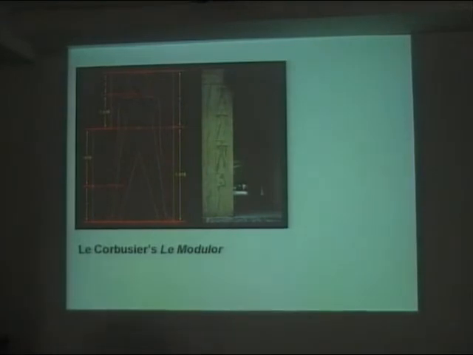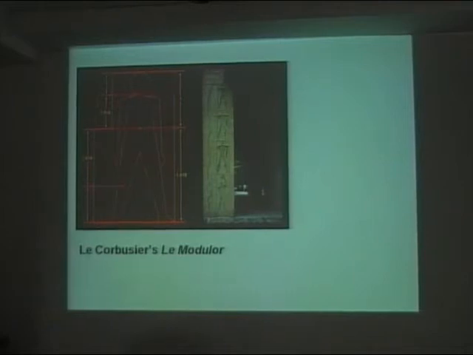Furthermore, the great French architect Le Corbusier was fascinated with the golden rectangle and the golden ratio. And he developed something which he called Le Modulor. He did this because he thought that buildings ought to be constructed in accordance with the human anatomy. Because buildings are constructed for human beings, and they ought to be livable.